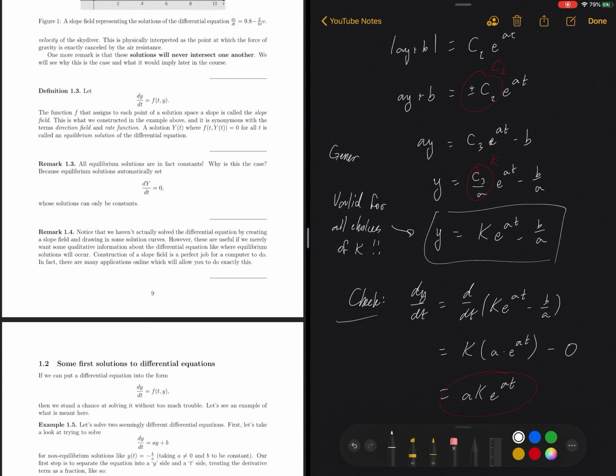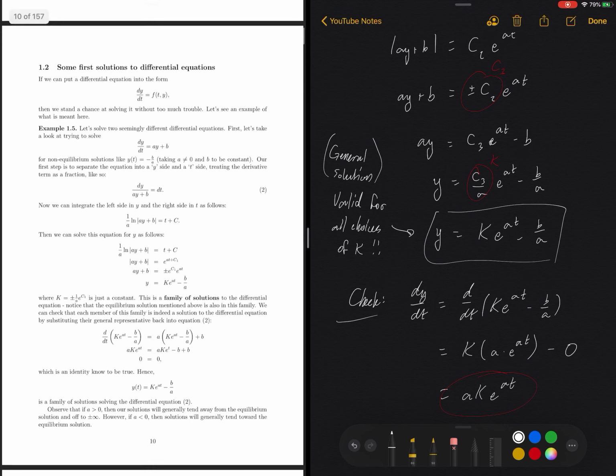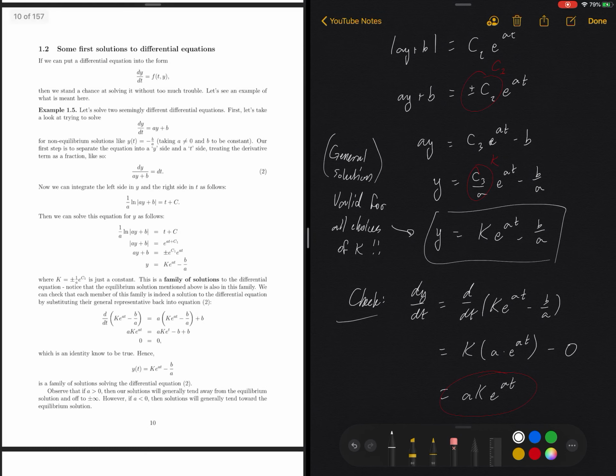And when we have such a parameter in here, such a k, this is what is called a general solution to the differential equation, right? It's not dependent on anything. It's just telling you that there is an entire family of solutions. And that's exactly what's going on down here on this page of the lecture notes, that there is an entire family of solutions to this differential equation.